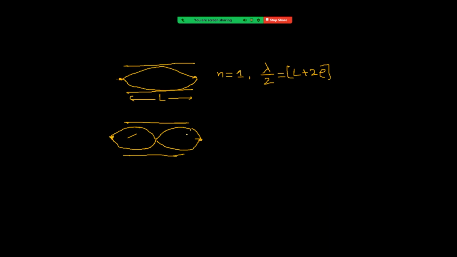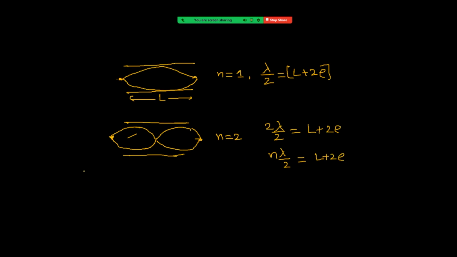Having two loops, second harmonic: 2 into lambda by 2 is equal to L plus 2E. If you take the nth harmonic, it becomes n into lambda by 2 is equal to L plus 2E.